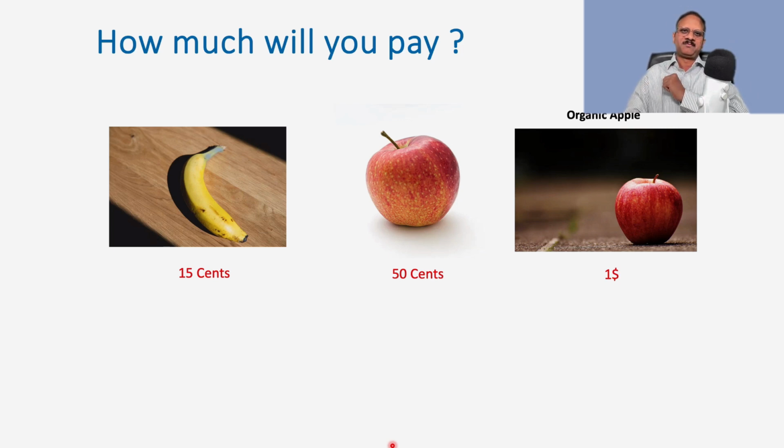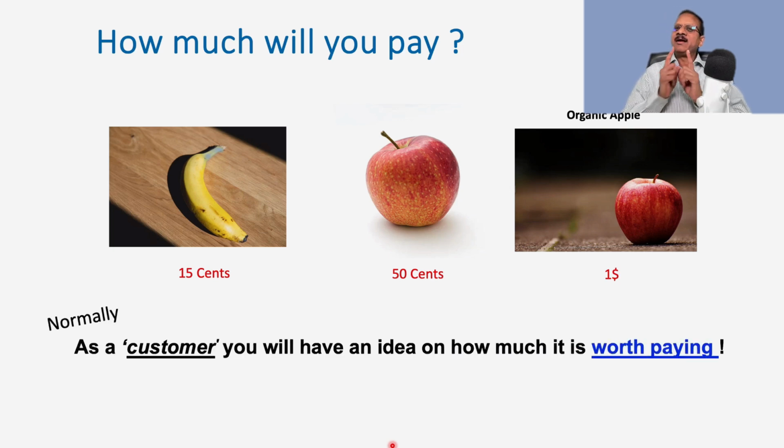What is your role when I say you are paying? You're the customer. And as a customer, you have an idea how much it is worth paying. Just now you have seen that you're willing to pay 50 cents for a normal apple and $1 for an organic apple. In general, a customer knows how much it is worth paying.